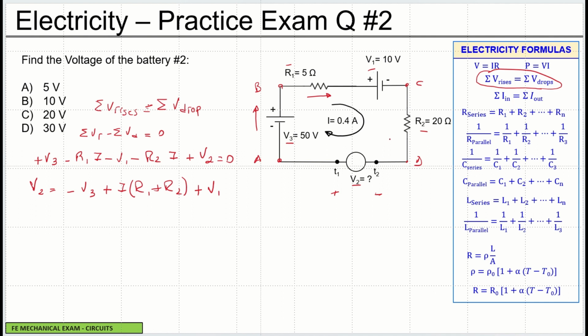Now I have to put the numbers into the equation. V2 equals minus V3, that is 50 volts, plus I, that is 0.4 amps, times R1 plus R2, R1 is 5 plus 20, R2 ohms, plus V1, that is 10 volts.